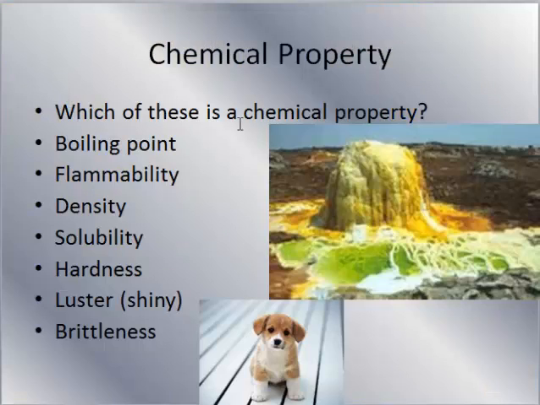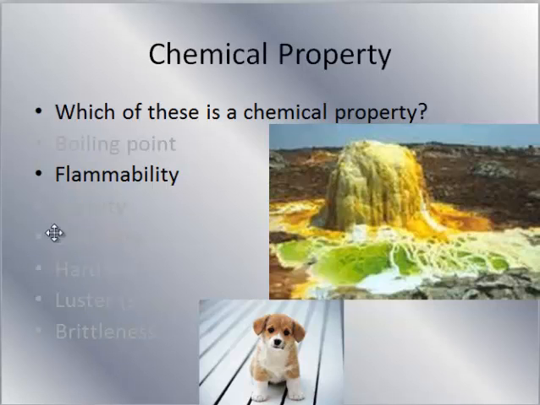Alright, so which of these is a chemical property? You have boiling point, flammability, density, solubility, hardness, luster, or how shiny it is or how it reflects stuff, and brittleness. So the only one of those that is a chemical property is flammability.